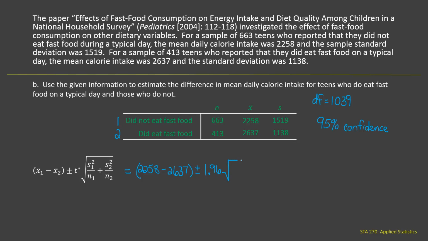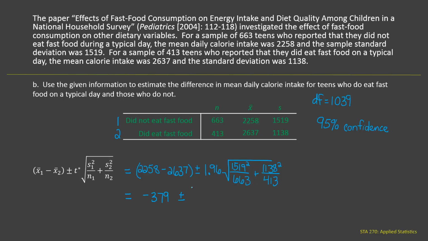So a 1.96 times the square root of standard deviation 1 squared, so that's actually the variance, but we'll do 1519 squared over 663 plus 1138 squared over 413. Okay, 2258 minus 2637 is negative 379.